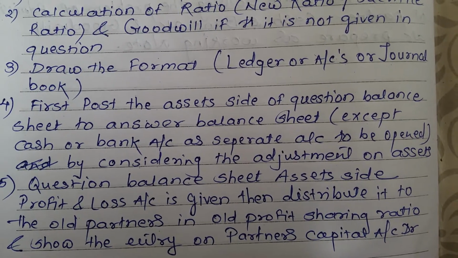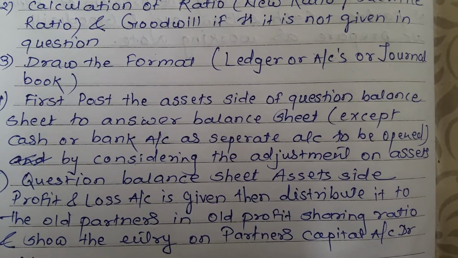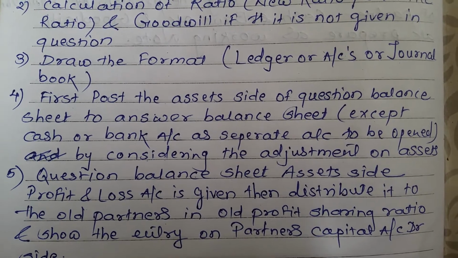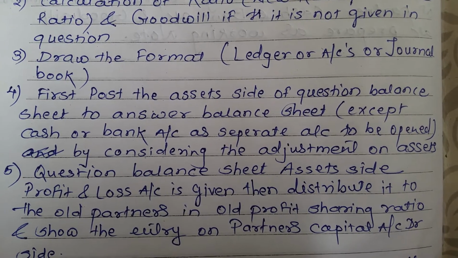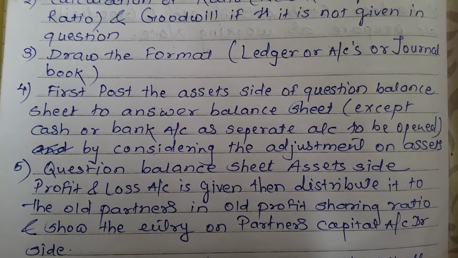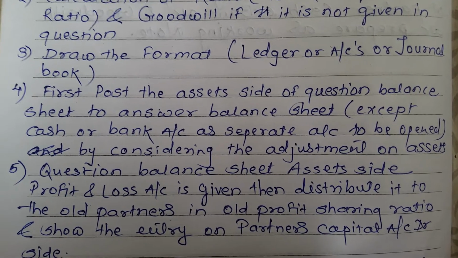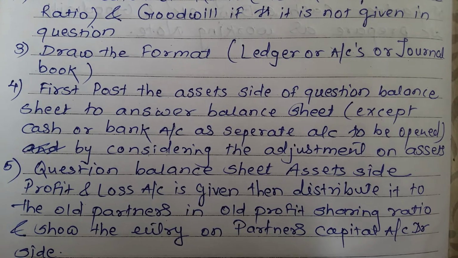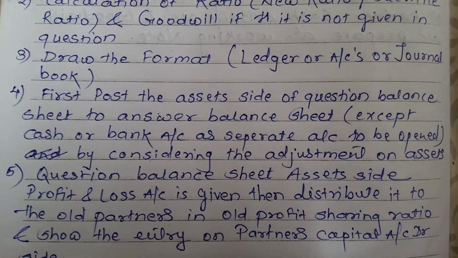And suppose if in the question balance sheet asset side the profit and loss account is given, then this profit and loss account is distributed to all, remember only the old partners, because it is a profit earned by the old partners only before joining of a new partner. So distribute it to the old partners in the old profit sharing ratio, and this will be shown on the partners capital account debit side, and the entry will be partners capital account debit to profit and loss account.